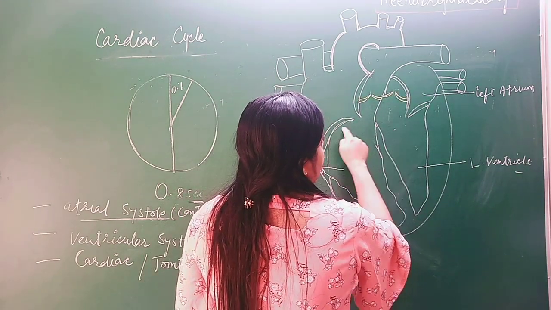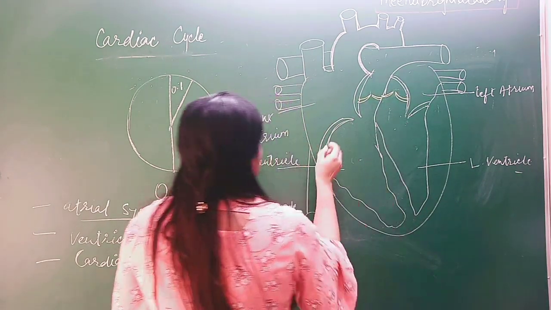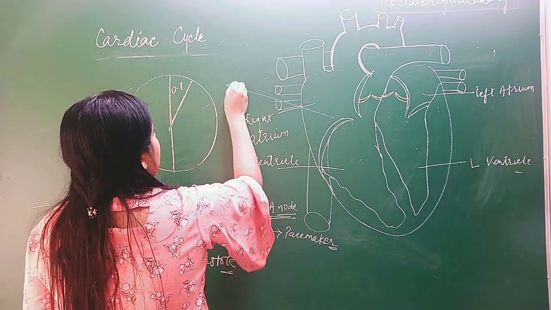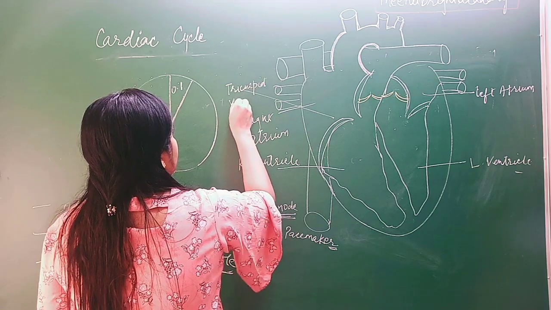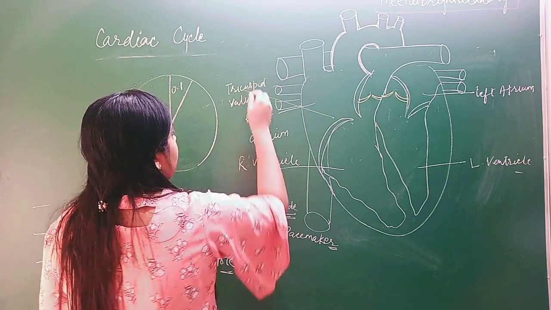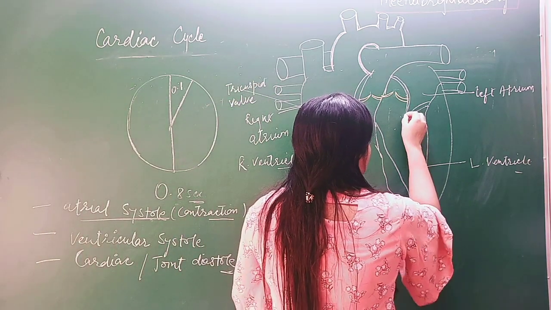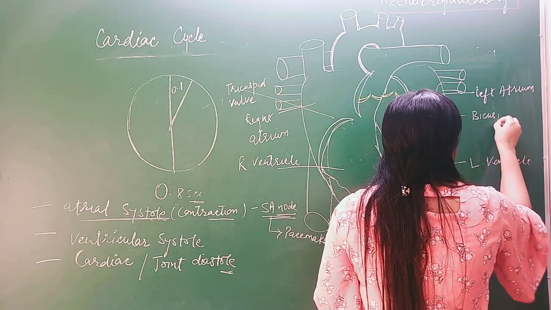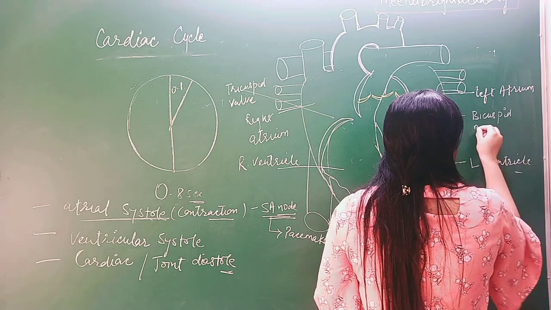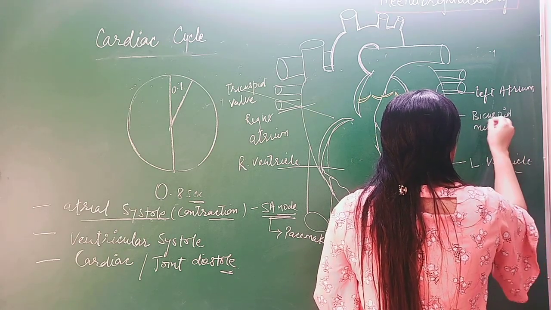These are the AV valves. This is the tricuspid valve, and this one is the bicuspid or mitral valve.